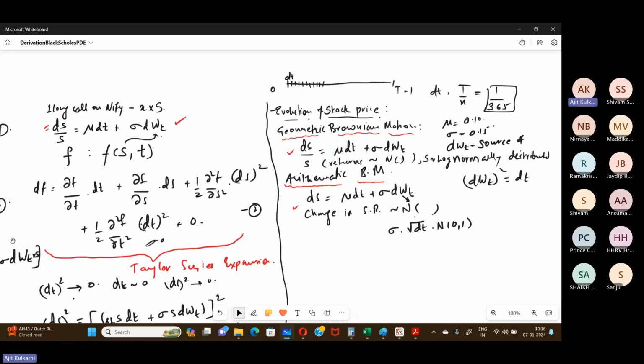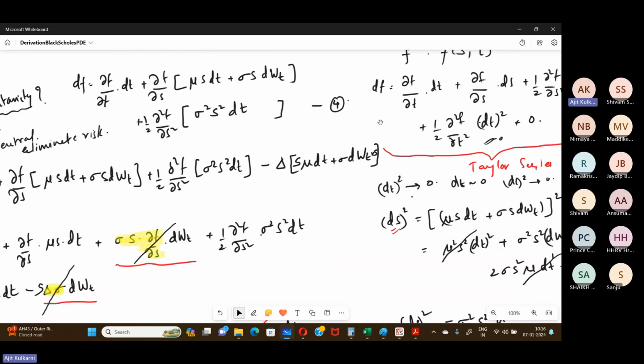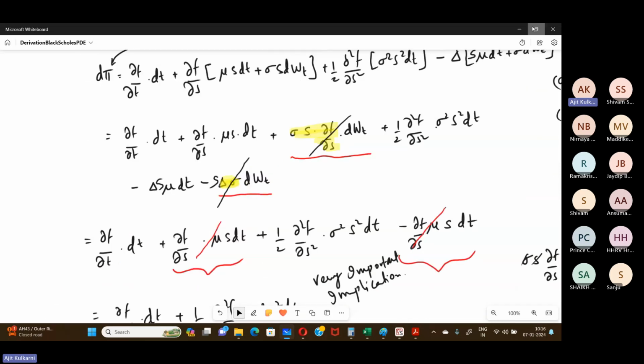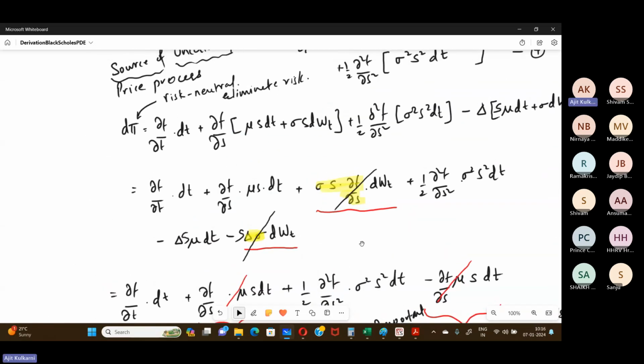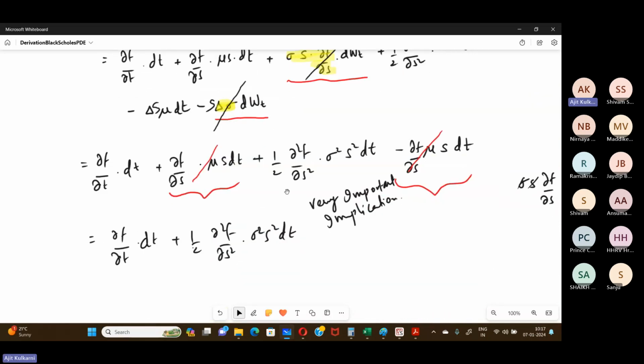But as a part of derivation, what we have seen is for the riskless portfolio pi, you don't require mu, correct? Mu is stock specific.